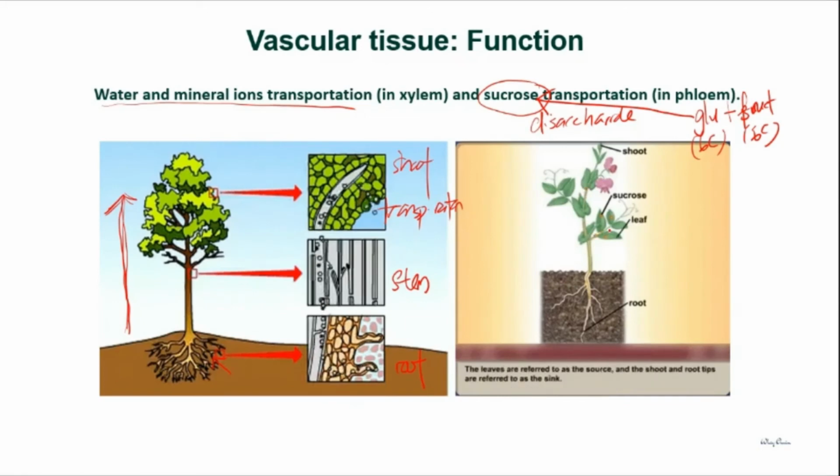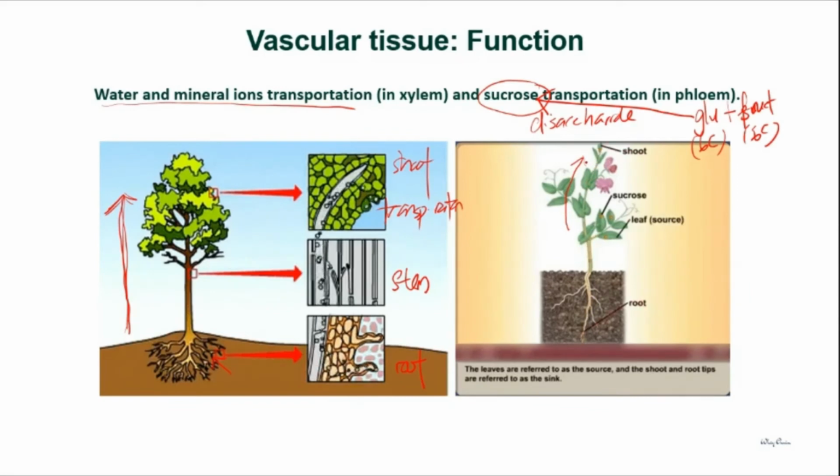So bila dia dihasilkan, the leaf part, and then they will be loaded into the companion cell. Okay, akan diangkut dalam companion cell. Companion cell akan load into the sieve tube element melalui active transport. Bila dia masuk ke dalam sieve tube element, now you can notice that the sucrose, which is represented by this circle, moving circle shape here, it can be transported in both ways.